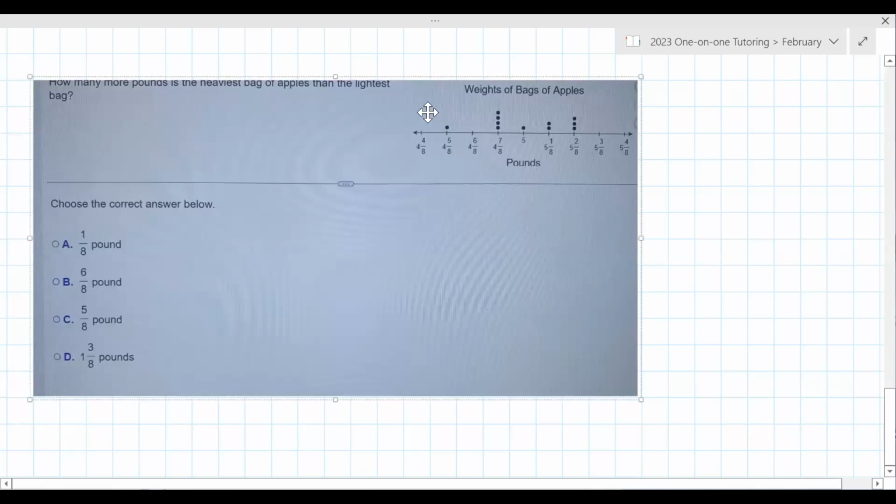It says, how many more pounds is the heaviest bag of apples than the lightest bag of apples? What's the largest number that you see on this dot plot? It's 5 and 2/8. Then we're going to subtract the smallest number that you see. 4 and 5/8. Yeah.